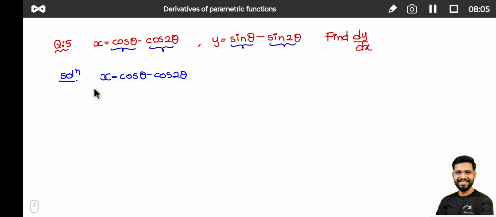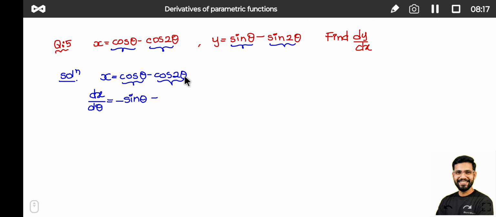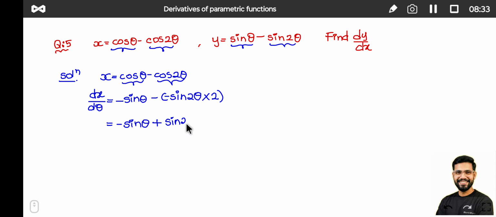If we take the derivative with respect to theta, dx by d theta is equal to the derivative of cos theta, which is minus sin theta, minus the derivative of cos 2 theta, which is minus of sin 2 theta, multiplied by the derivative of 2 theta, which is 2. So if we simplify, we get minus sin theta, and this minus minus becomes plus sin 2 theta into 2.